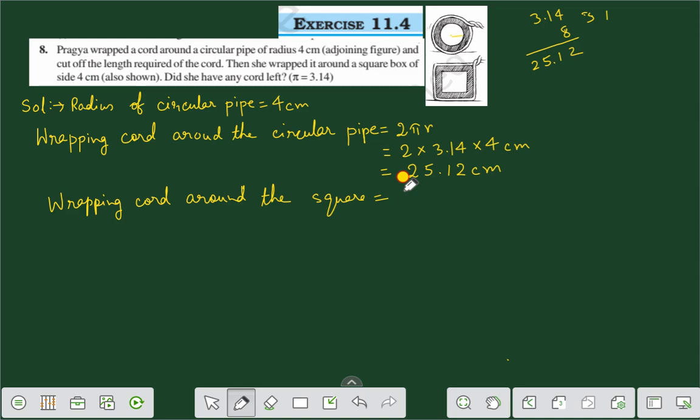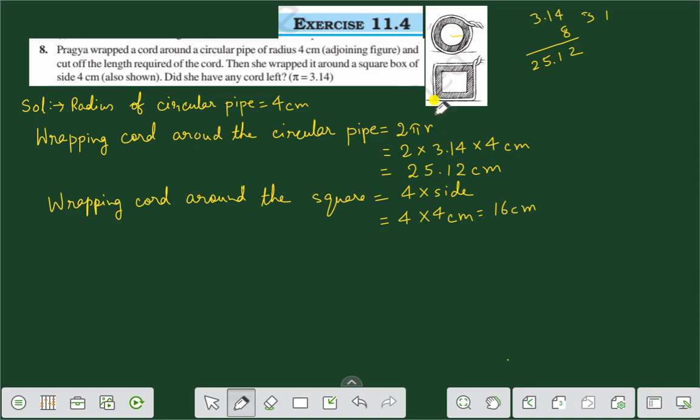The side is given as 4 centimeter, right? Therefore we are getting 4 into 4 centimeter, which is equal to 16 centimeter.